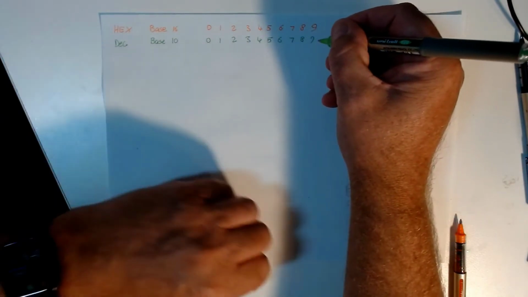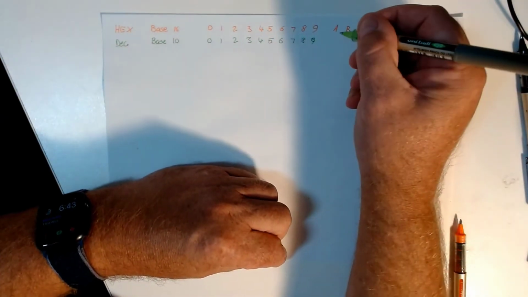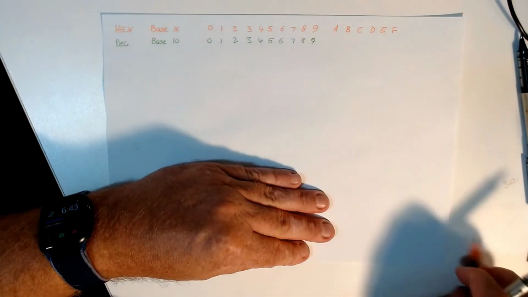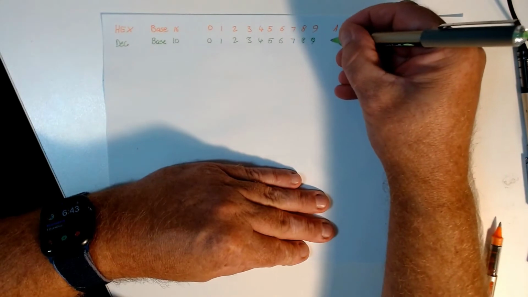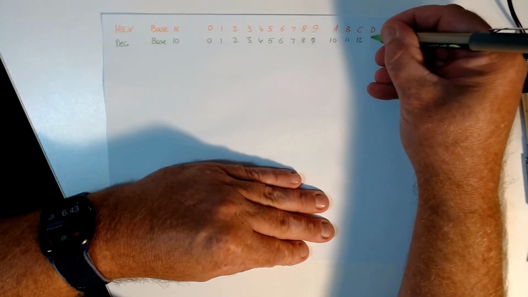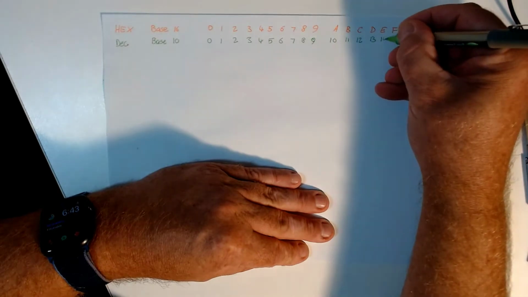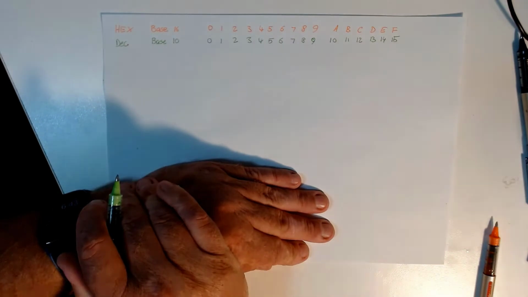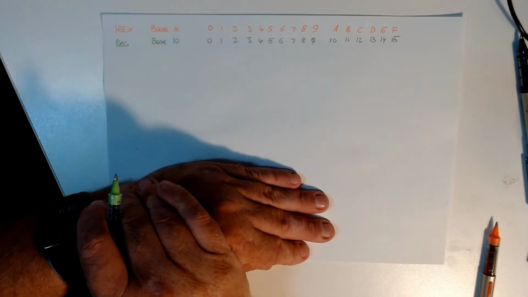This is like going back to primary school and learning to count. That's our base 10, which is why I left a gap there. We then go 10, 11, 12, 13, 14, 15. So that's the direct equivalence in those sets of numbers.